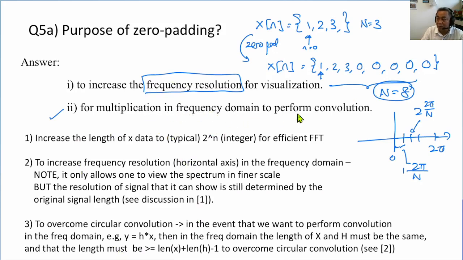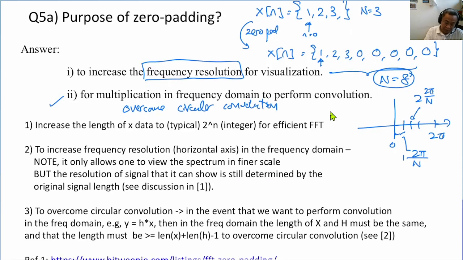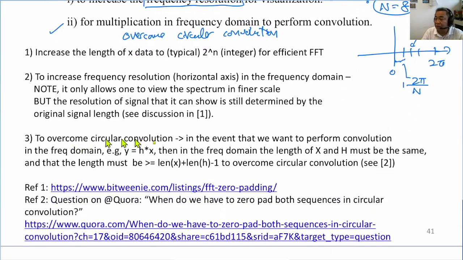to perform convolution, and we want to overcome something called circular convolution. Okay, so how to overcome circular convolution?